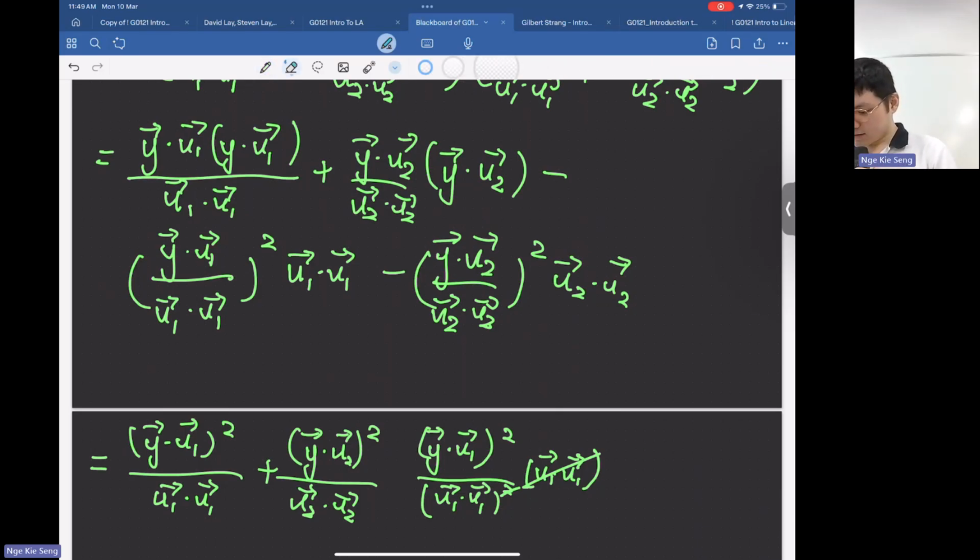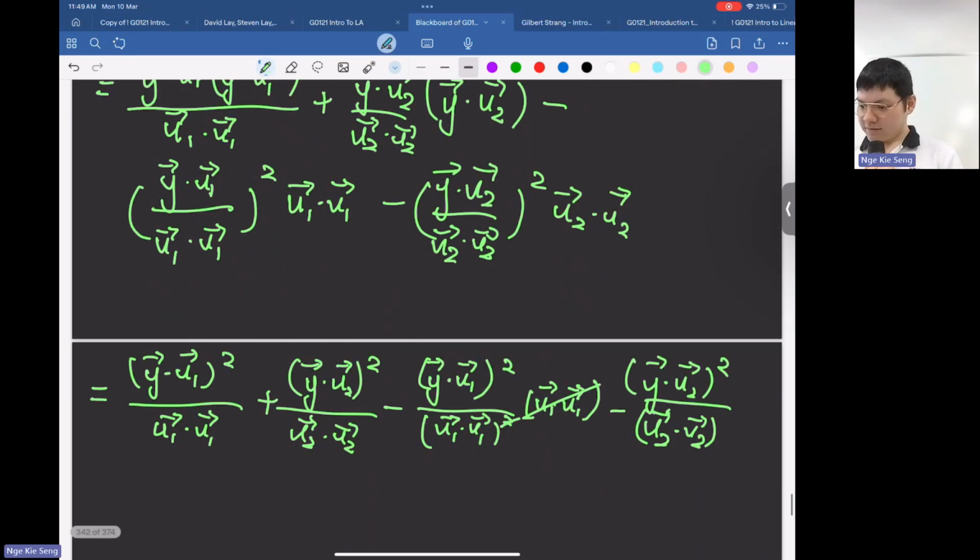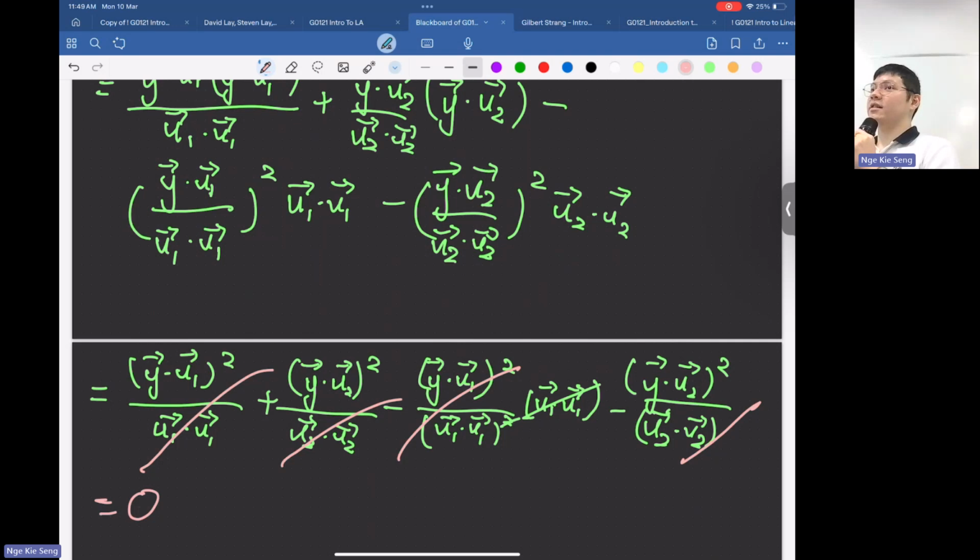Sorry, here is minus: y dot u2 over u2 dot u2, squared times u2 dot u2. So you can see that the four terms here cancel. Then you will see that z is orthogonal to your projection.